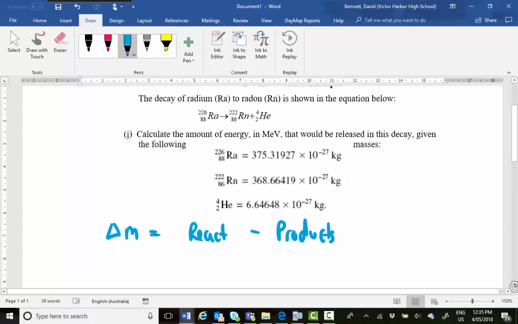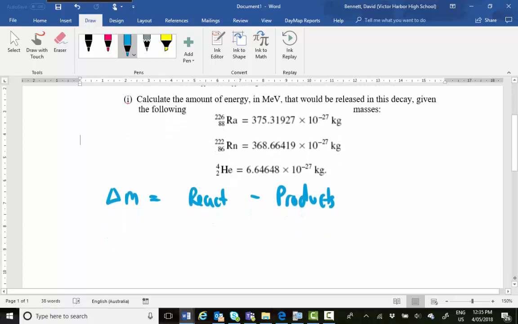Looking at our mass of reactant, that's obviously going to be radium, which is equal to 3.75. It's not 3.75, it's a funny way of writing this, but this is how it's being presented. 31927 by 10 to the minus 27. Now take the mass of our products.